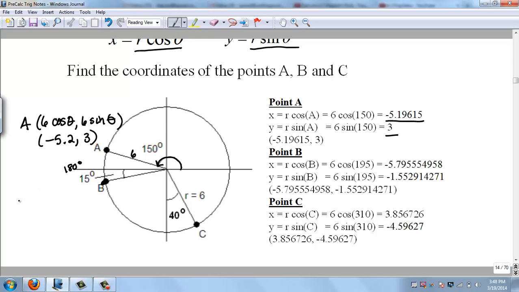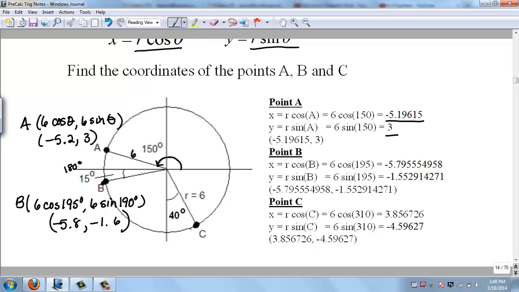So point B is going to be 6 times the cosine of 195 degrees, and 6 times the sine of 195 degrees. When I put that in my calculator, I get point B to be negative 5.8 comma negative 1.6, which makes me happy because it should be negative there.